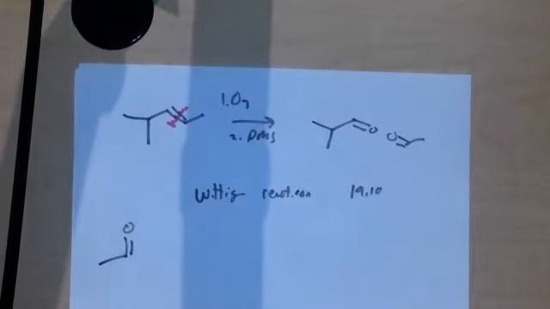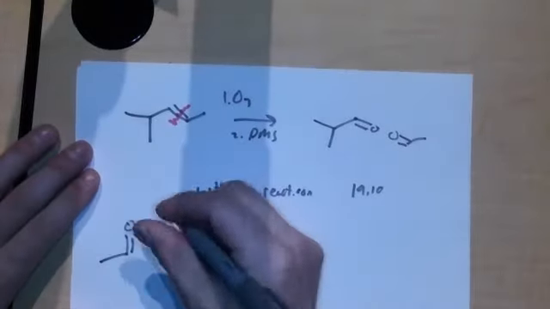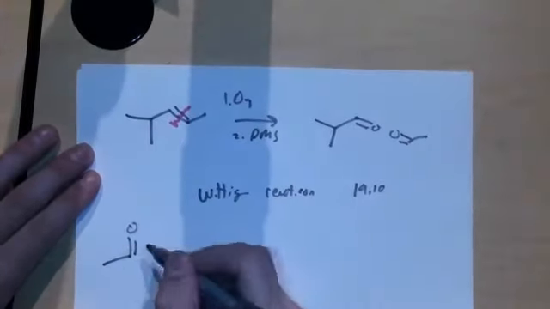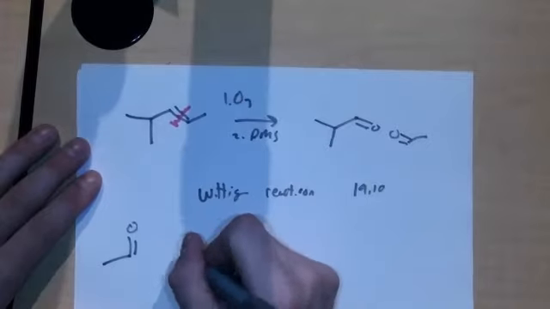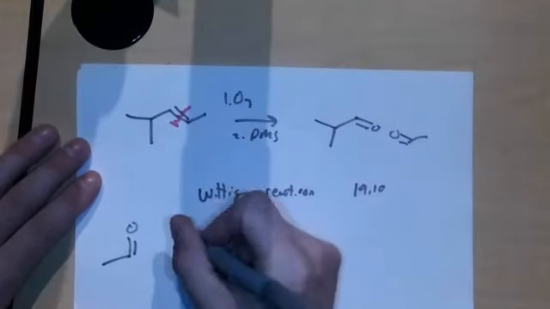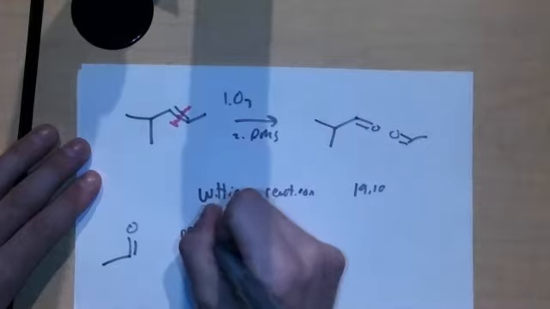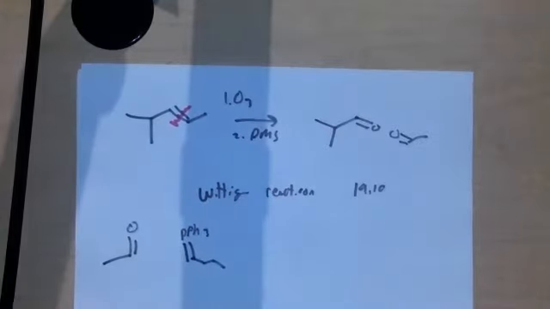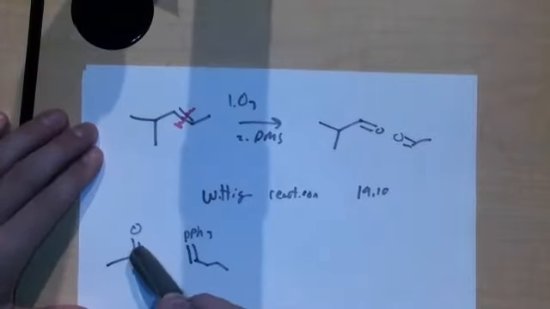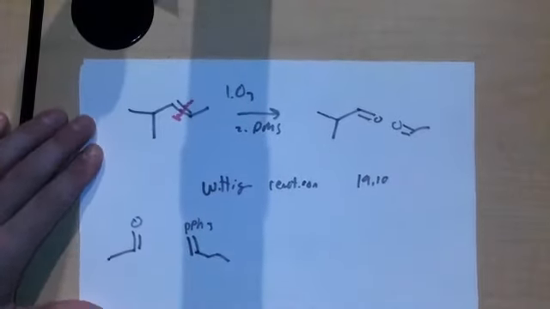The other half is what's called a ylide, which looks like a carbonyl, but instead it has triphenylphosphine on it. When we do this reaction, we're going to end up having the two double bonds come together.